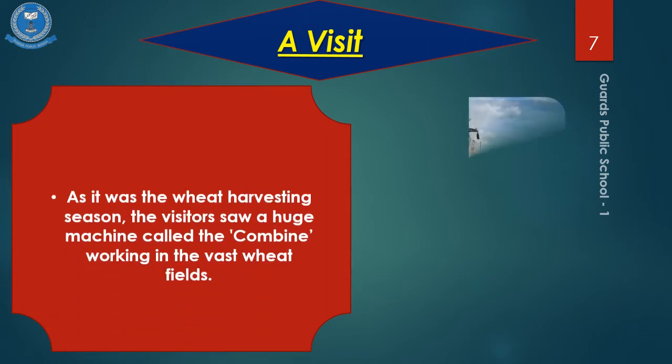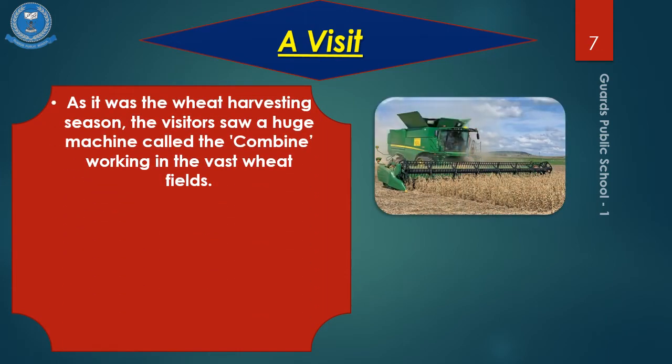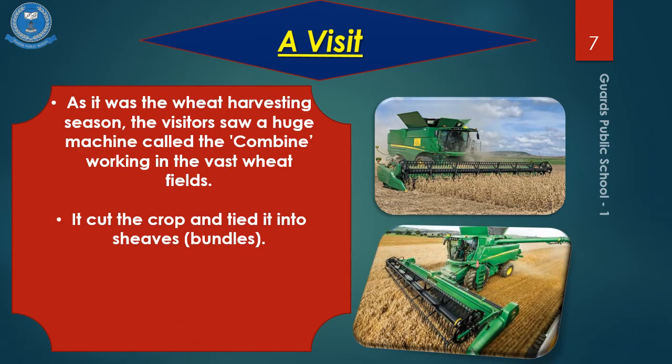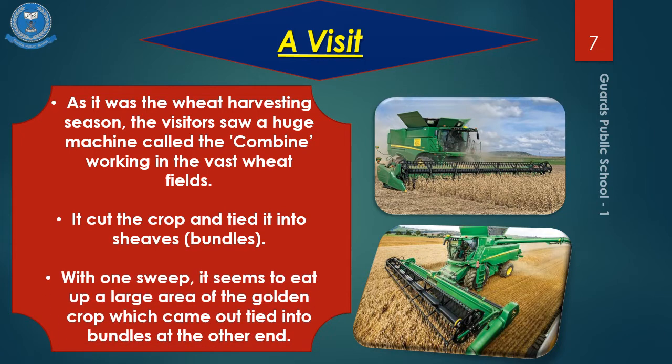As it was the wheat harvesting season, the visitors saw a huge machine called the combine working in the vast wheat fields. It cut the crop and tied it into sheaves, which means bundles. With one sweep, it seems to eat up a large area of the golden crop, which came out tied into bundles at the other end.